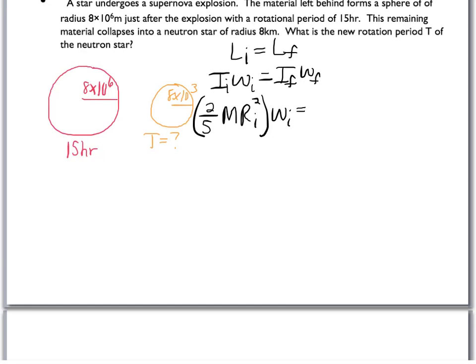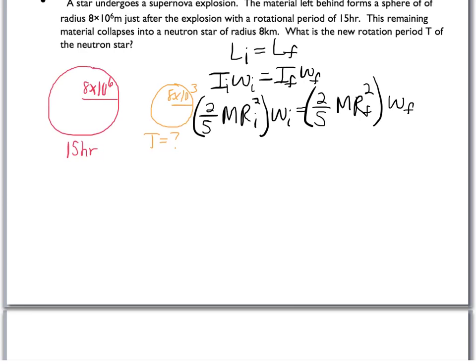Now on the flip side of this, for the final neutron star, again we still have 2/5 m r squared and this new omega value. Now at this point we haven't been given any information on an omega value for the speed that the star is rotating at. We weren't given that information, nor are we even looking for it.